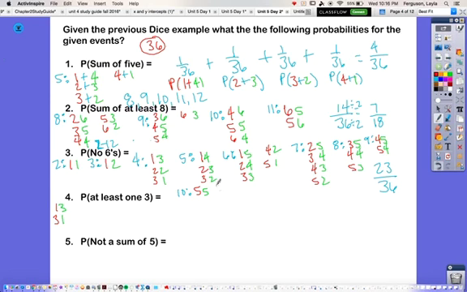For 5, 1 and 4 would be out, 2 and 3 would be okay. And 3 and 2 would be okay. For 6s, 1 and 5 is out, 2 and 4 is out, 3 and 3 is good. For 7s, 2 and 5 is out, 3 and 4 is good.